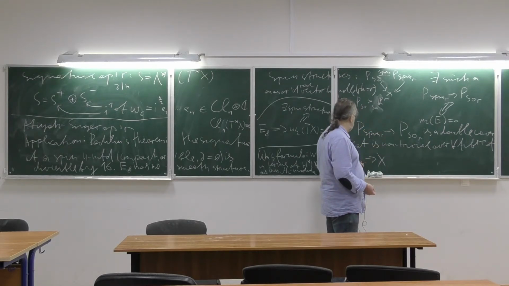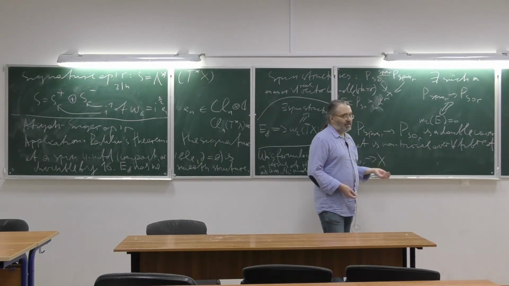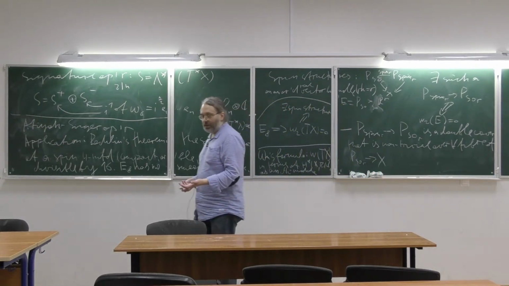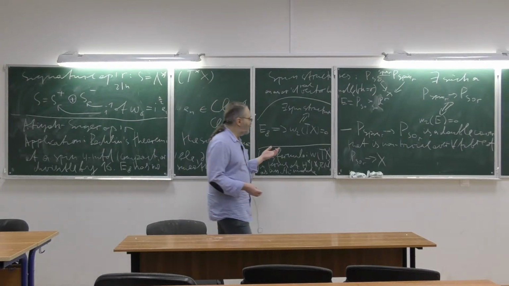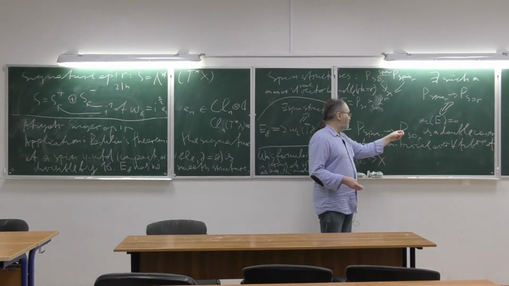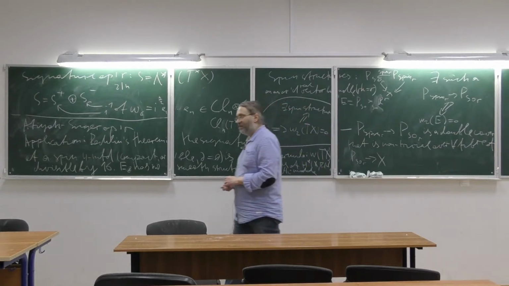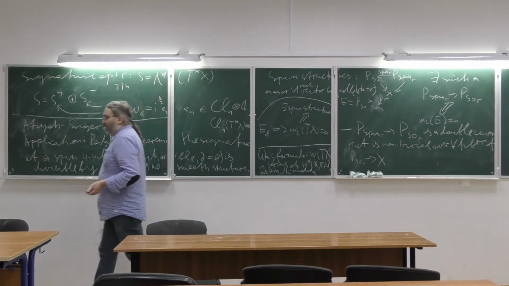Well, I have PSO over X, a principal SO bundle. I want to know when there exists a double cover, which is non-trivial over each fiber.